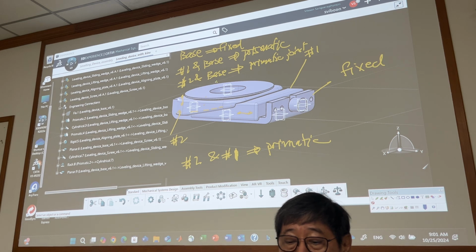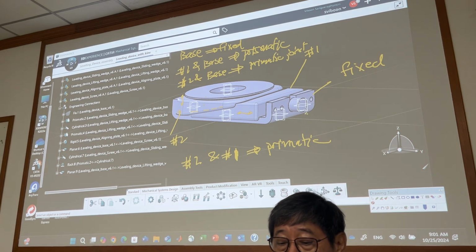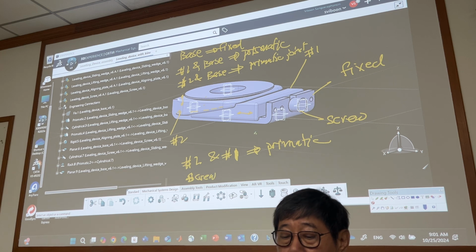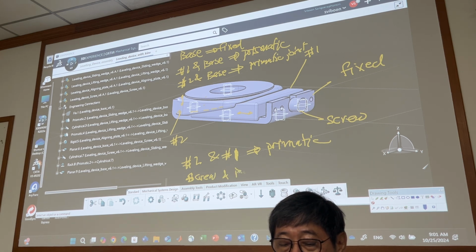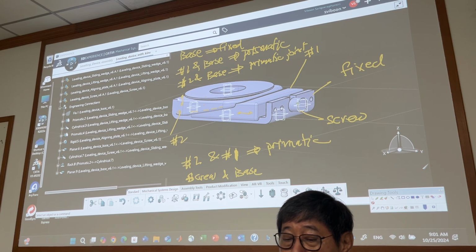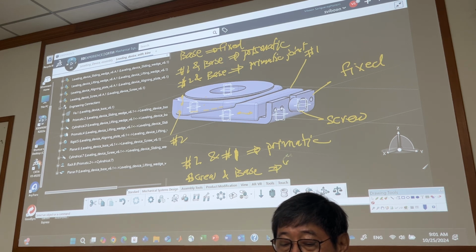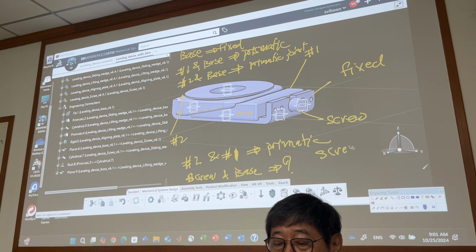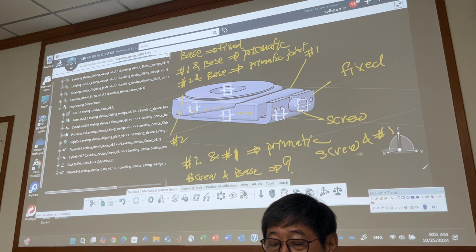And the other, you have the screw. This screw and base, right? You have to have a relationship as well, screw and base, and screw and lifting wedge, number one. It's a screw joint, screw and lifting wedge.